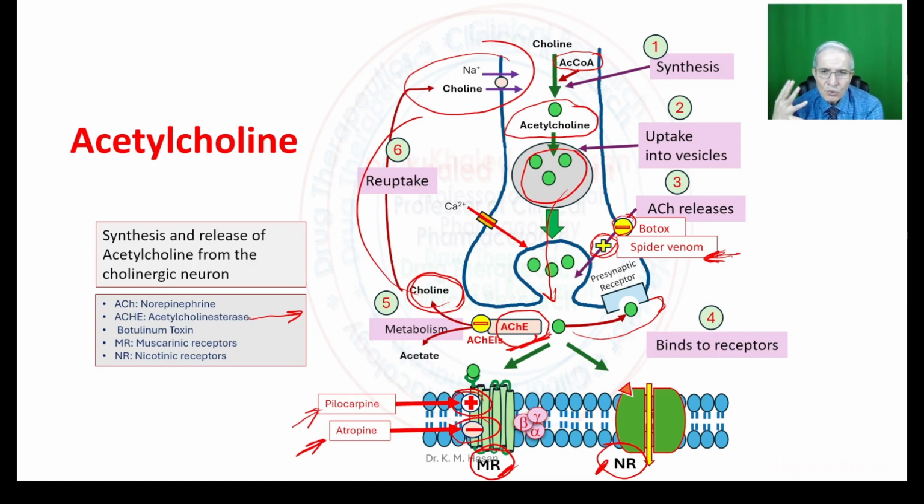Okay, I will go back with you to the slide. If you remember, the nicotinic receptor in the skeletal muscle leads to contraction of skeletal muscle. So acetylcholine in skeletal muscle leads to its contraction. That's number one. Botulinum toxin inhibits release of acetylcholine, which means it inhibits skeletal muscle contraction and relaxes the muscle. So they inject Botox in the skeletal muscle and cause relaxation.